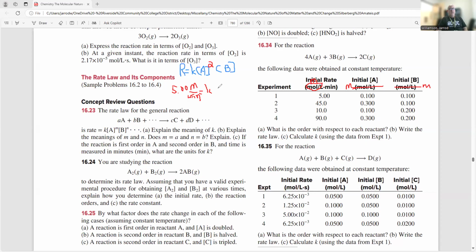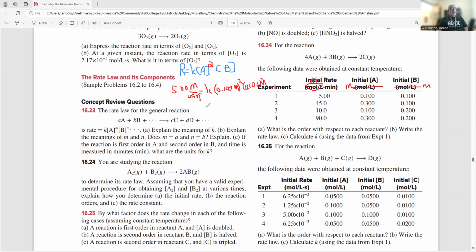And it's going to be 0.1 molarity. You have to make sure everything is squared. And 0.1 molarity inside. Okay.